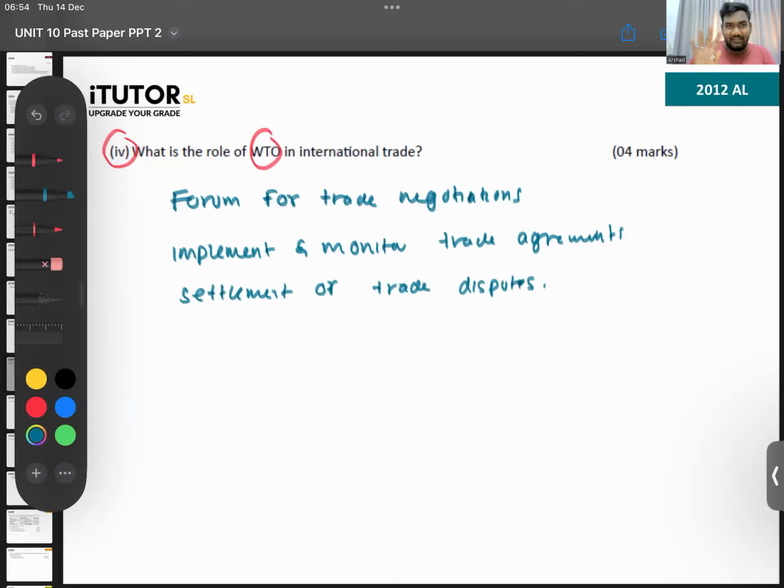One more. Ideally it's 4 marks, so you write 4. What else can we give?